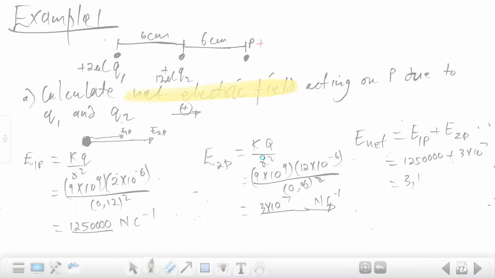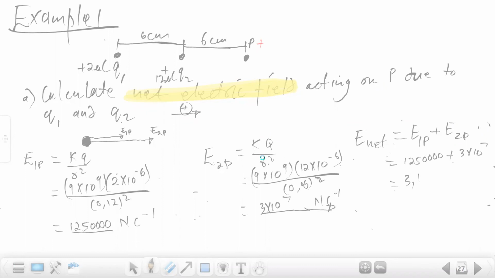Now, because it's a vector quantity, you must also give now the direction for that. So the direction for that will be to the right. If I am given east and west, then it will be to the east. So it becomes easy once you understand the concepts of Coulomb's law.